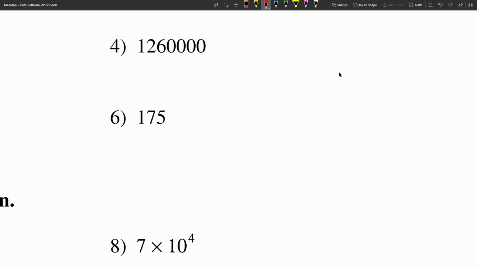In number 4, we have 1,260,000. So where would our decimal place need to go? It would need to go right here so that we have a ones place followed by our decimal. And remember, we can drop those trailing zeros. So we want to have 1.26 times 10 to the, well, how much do we have to move the decimal place?